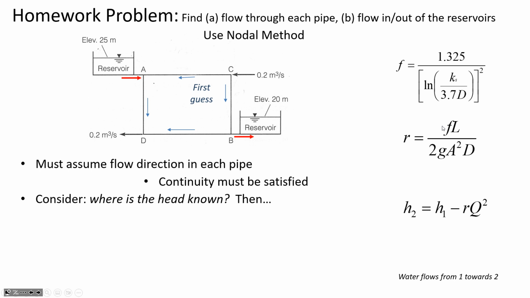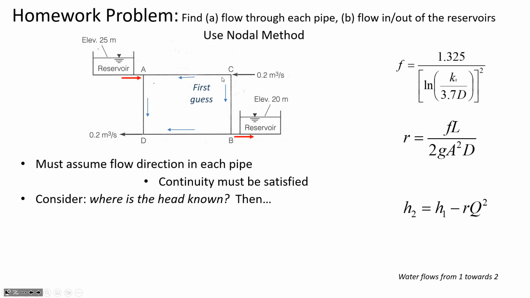And then the other thing we know about this junction here at C is continuity. We know that Q_BC plus Q_AC is equal to 0.2 cubic meters per second. So we've got two equations and two unknowns, which means we can solve for either Q_AC or Q_BC and then substitute it into this and find the other one.